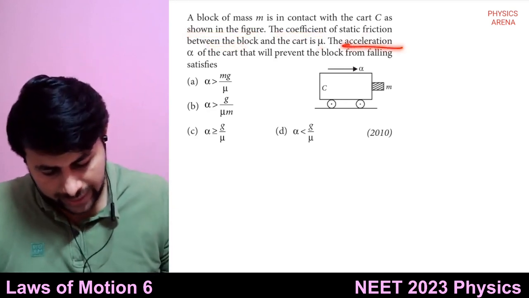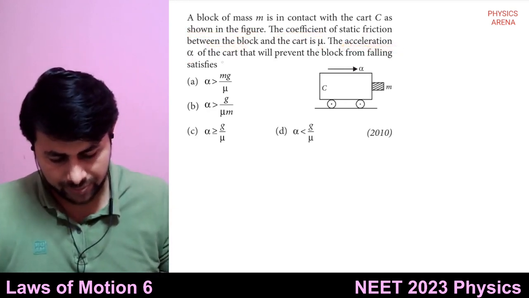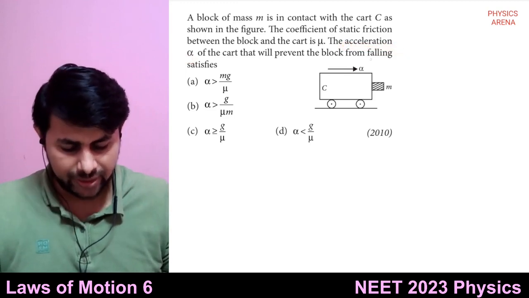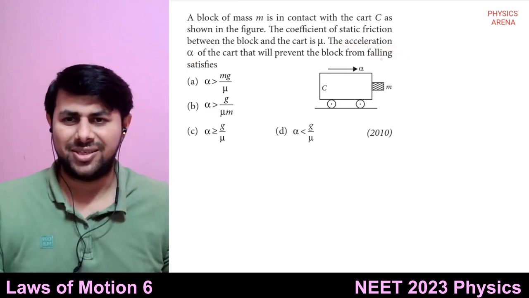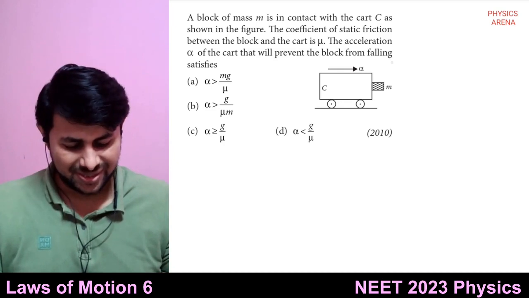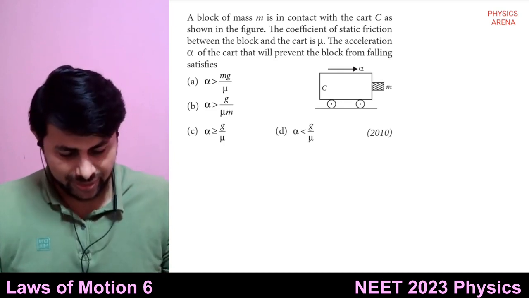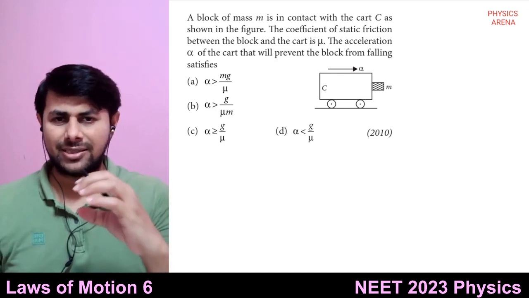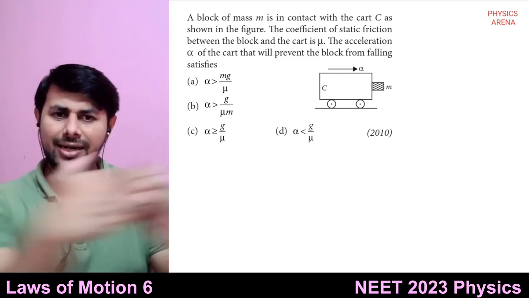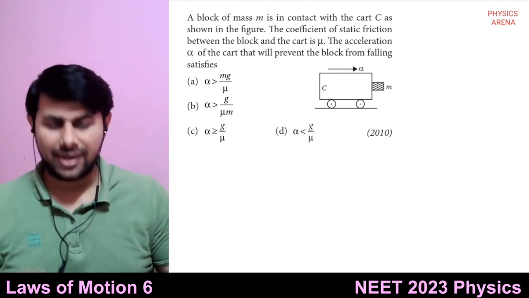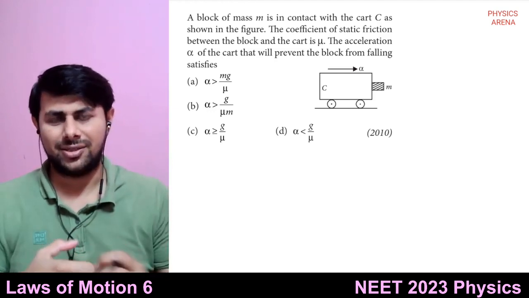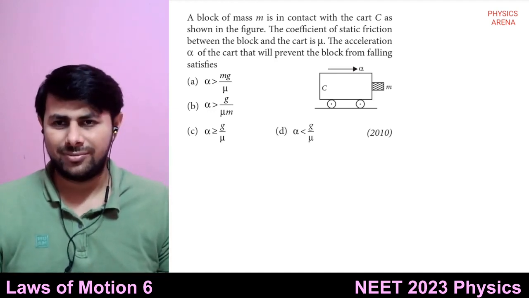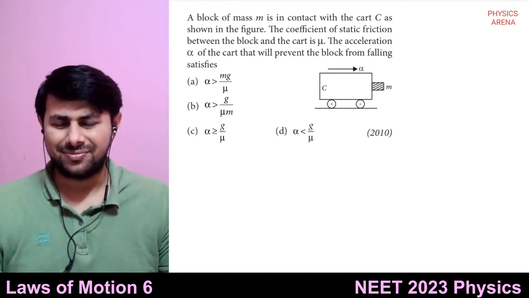The acceleration alpha of the cart that will prevent the block from falling satisfies, okay. So that mass is just kept like this, and the cart accelerates, and because of that acceleration the mass doesn't fall. So how much should that acceleration be?